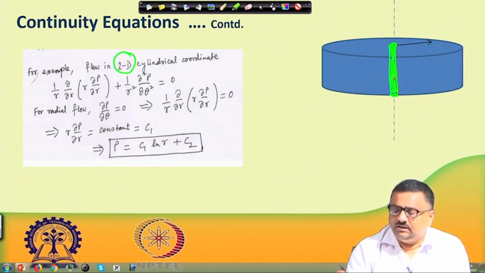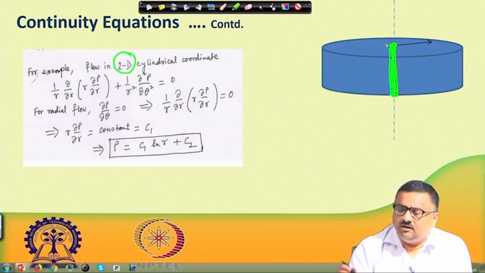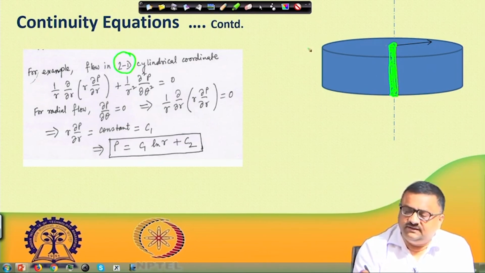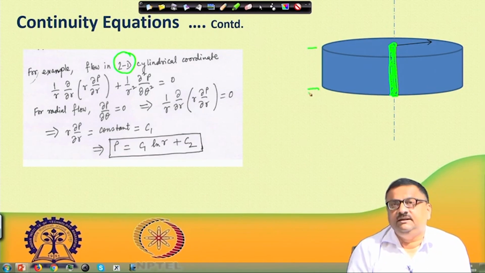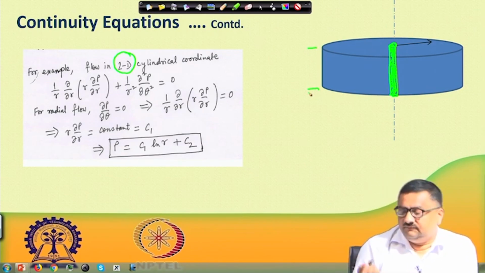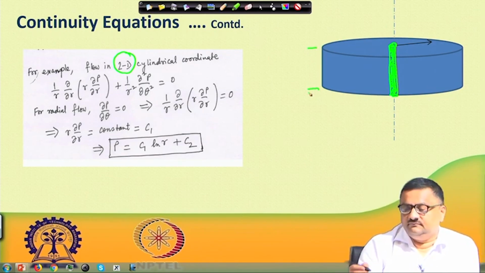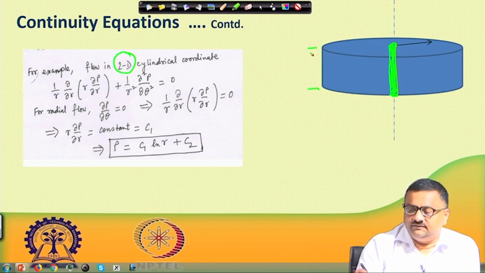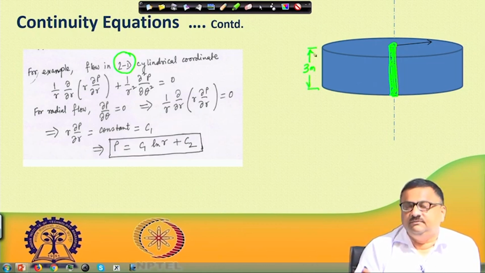Now, what is the depth of this? Let us say the depth is a few meters, let us say 3 meters. Let us say I have a reservoir with a depth of 3 meters.